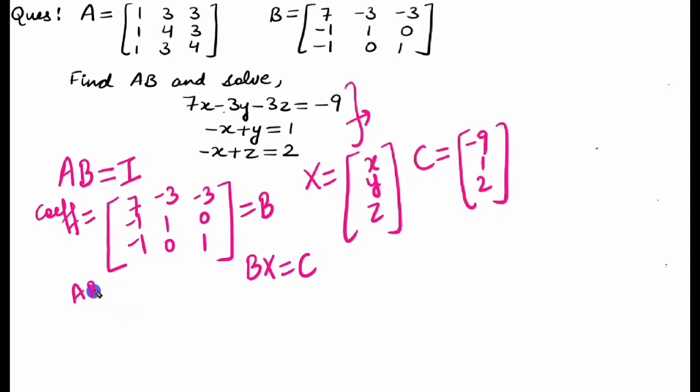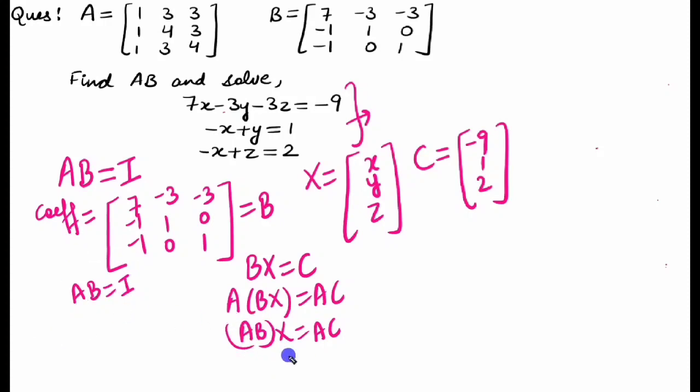First equation is AB is equal to I and second equation is BX is equal to C. So from here we have to find out the value of X, and as we know AB is equal to I, what we can do here is pre-multiply the whole of this equation by A. What we will be getting here is A into BX is equal to AC. This would be AB into X is equal to AC. And AB is equal to I, we know that. So from here, X is equal to AC.